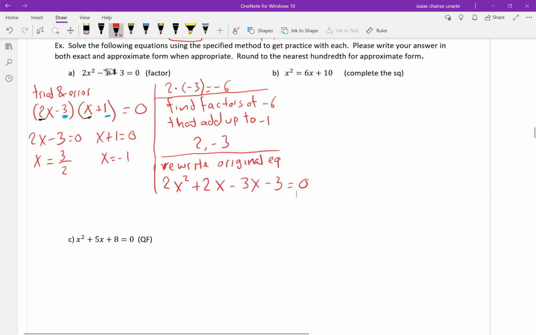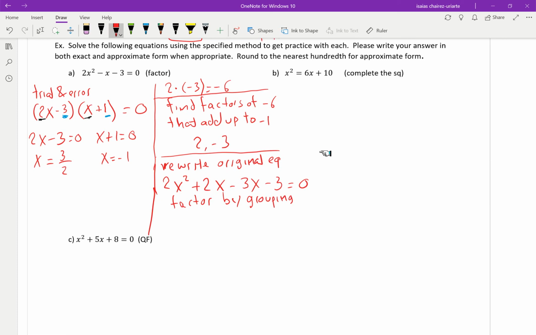So notice that it's the exact same equation. If I actually combine like terms, 2x minus 3x, that's going to give me negative x. Except that now the reason why I rewrote it is because I want to factor by grouping.